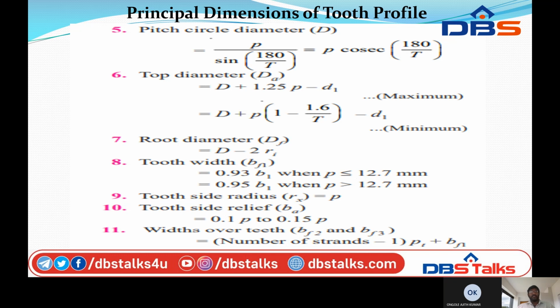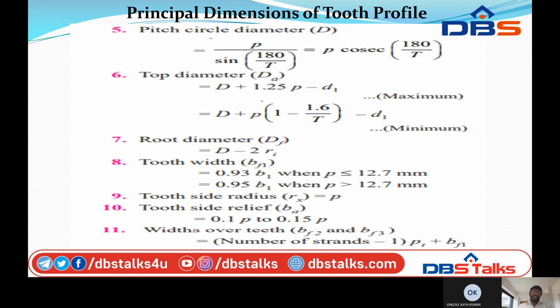Root diameter DF is equal to D minus 2 R1. Tooth width BF1 is equal to 0.93 B1 where P is less than or equal to 12.7 mm. Next, tooth width is 0.95 B1 when P is greater than 12.7 mm.